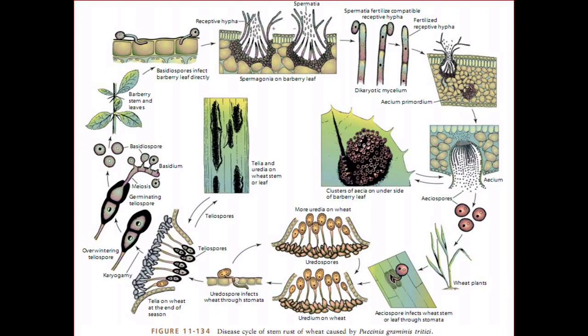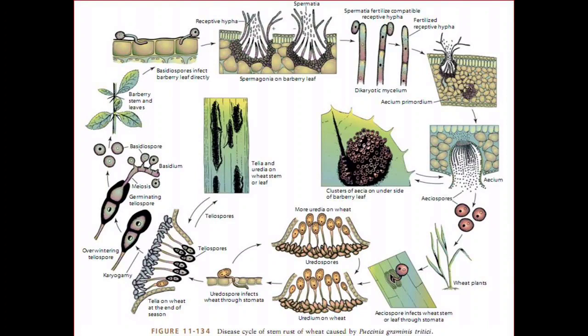It is a flask shaped structure. On that pycnidium you can see the receptive hyphae hanging to the inner wall of this pycnidium. On that receptive hypha, the spermatia may attach, and there is diploidization as we have seen in detail. So in that way the wheat rust life cycle is completed.